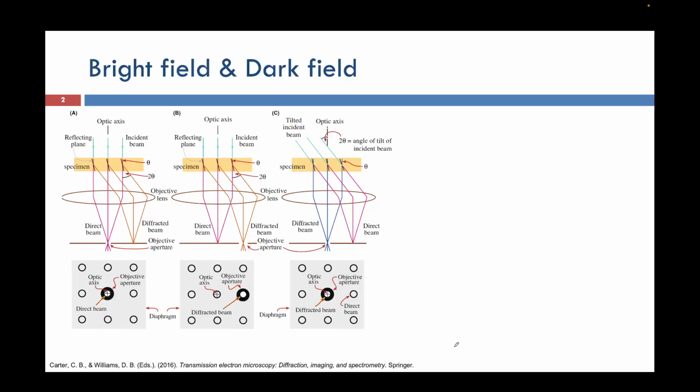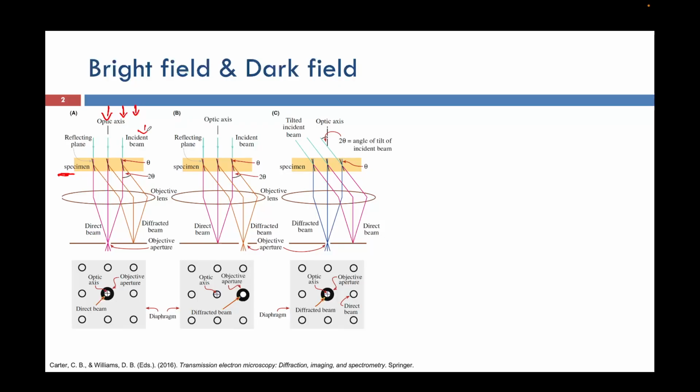So bright field is, as you can see, let's say this is my specimen. Now I am talking in terms of my specimen being in the TEM chamber, and the TEM chamber is always evacuated. Let's say this entire yellow thing is my specimen, and here you can see the optic axis coming down, and here the incident electron beams are coming, as mentioned here.